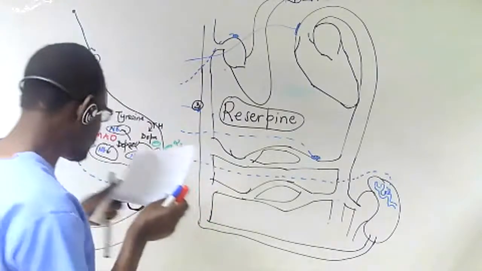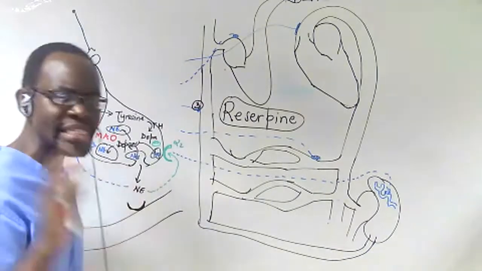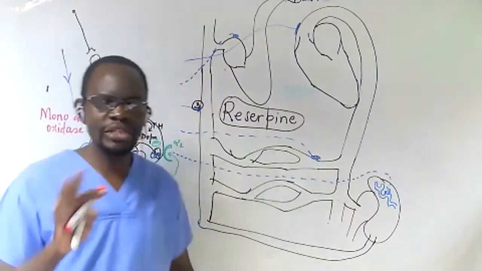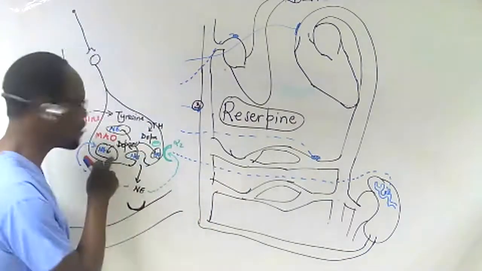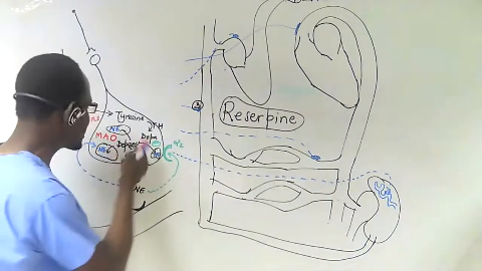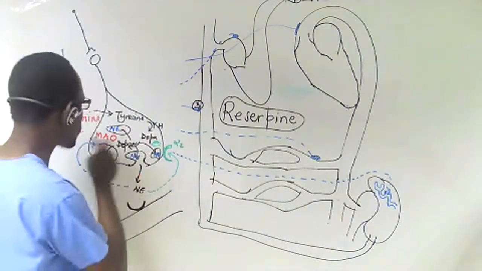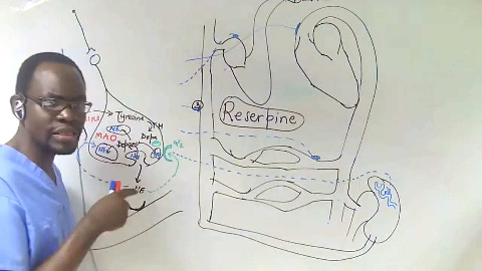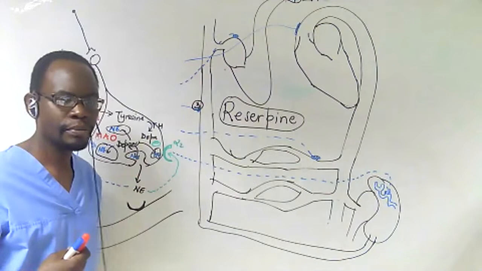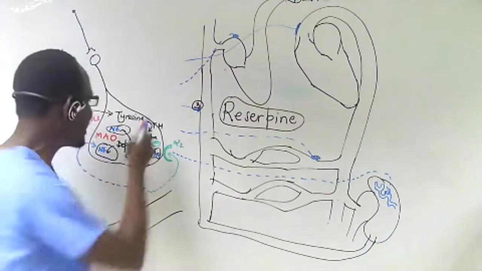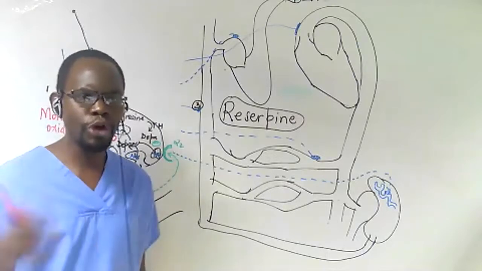Just to take you a little back: during the synthesis of norepinephrine, dopamine is pumped into the vesicles and later converted into norepinephrine.